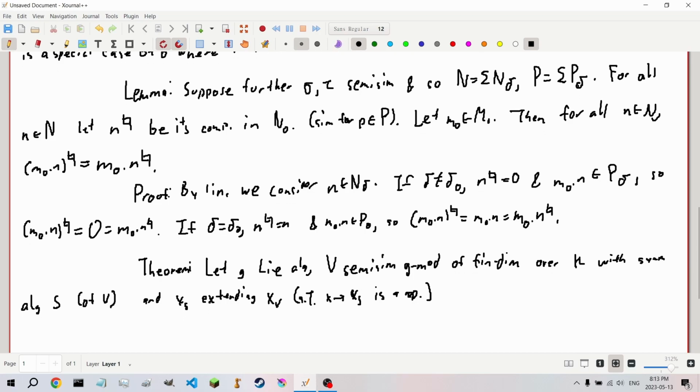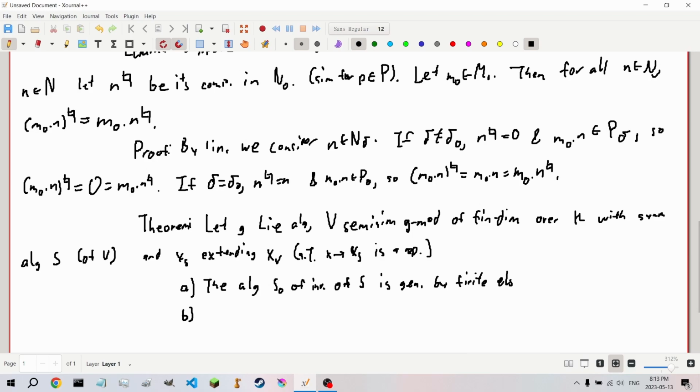And there's two conditions to this. A: the algebra, which we're going to call S0, of invariants of S, is generated by finite elements.